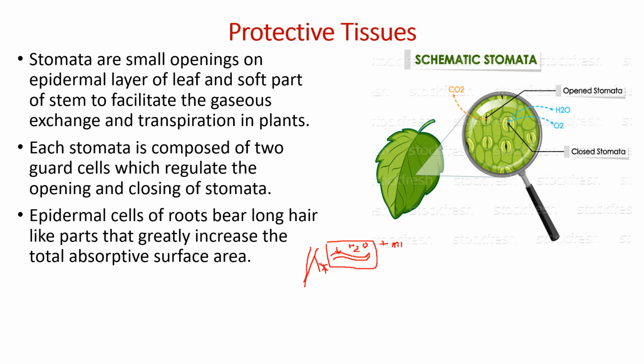So that is why they require a system which can efficiently absorb water and minerals from the soil, right? So there can be a question asked, why do plants have long hair-like parts? Okay, so this is to increase the absorptive surface area in roots of plants.